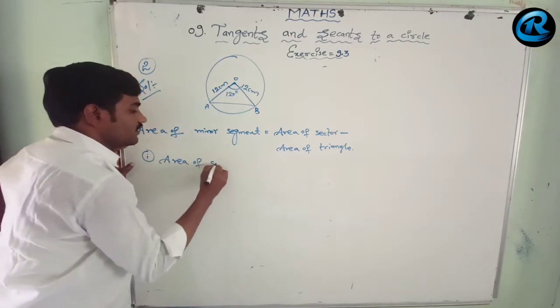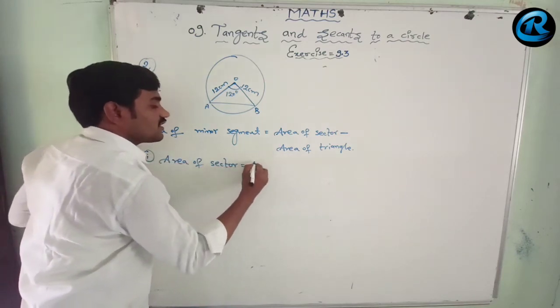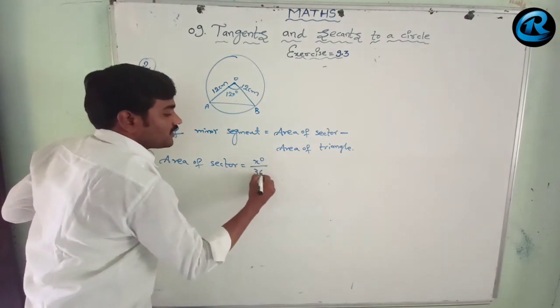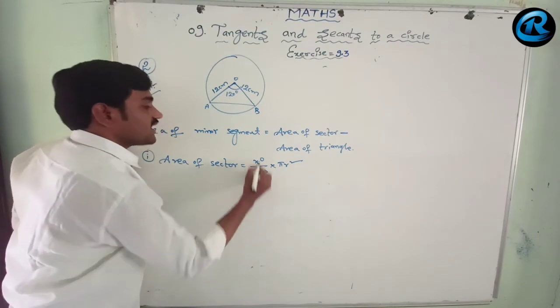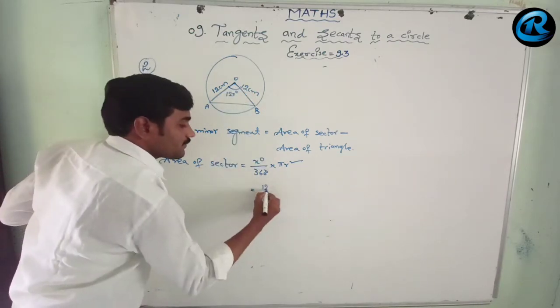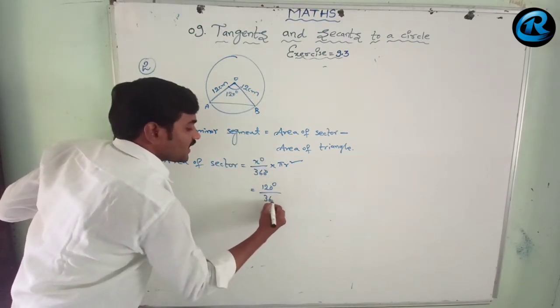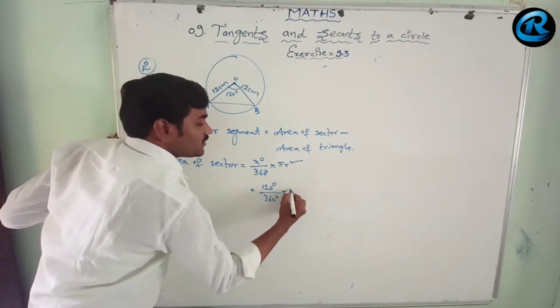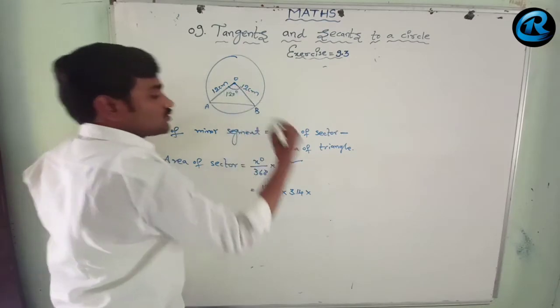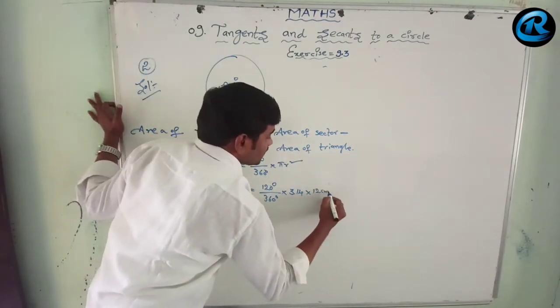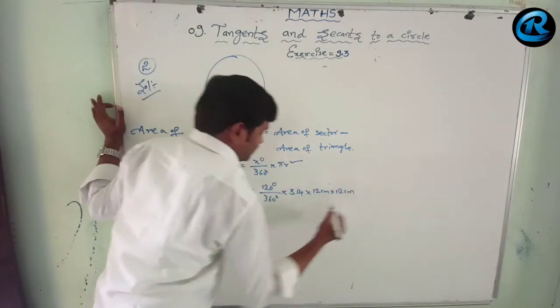Area of sector, let us find it out. It is x degrees by 360 degrees into pi r square. So x is nothing but 120 degrees by 360 degrees into pi value 3.14 into r value, that is 12 centimeters into 12 centimeters.